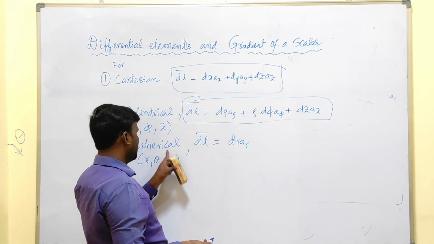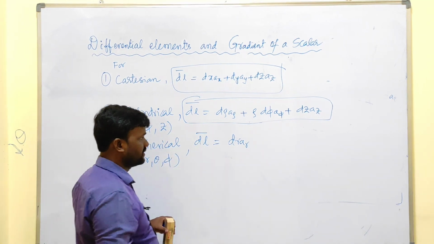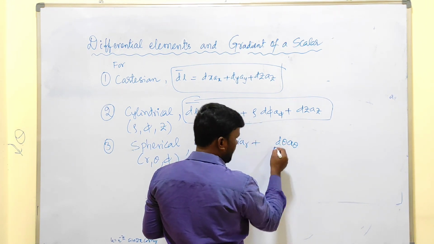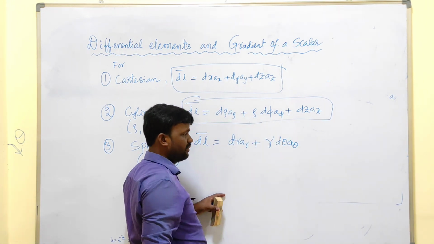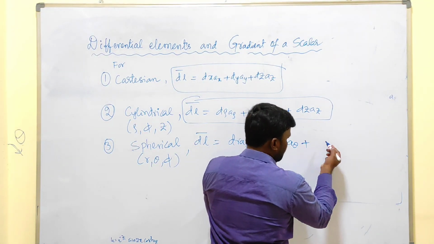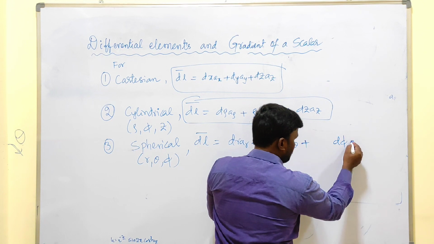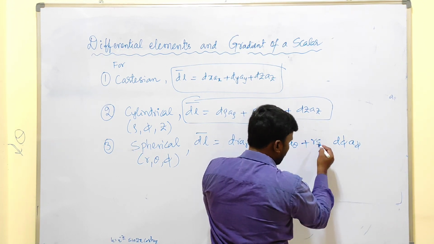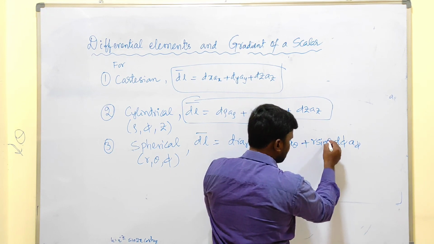We have the remaining two, theta and phi, which are angles. For theta, d theta into a theta, but it is an angle, so it is multiplied by r, since theta is the angle made by r. Similarly, the last element, phi: d phi a phi, as it is an angle, we need to consider a multiplication factor, that is r sin theta.